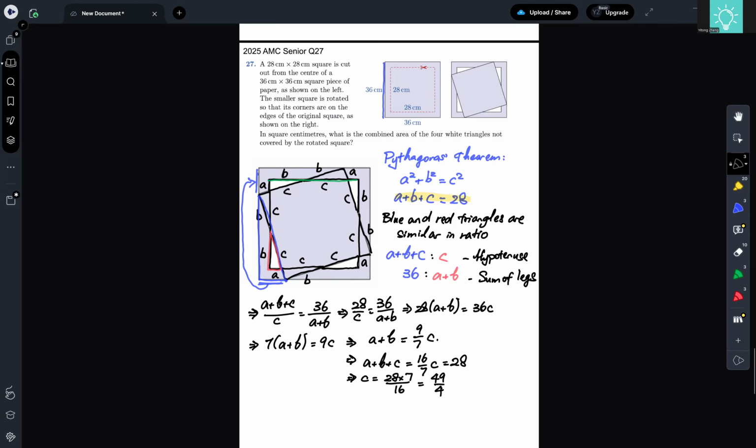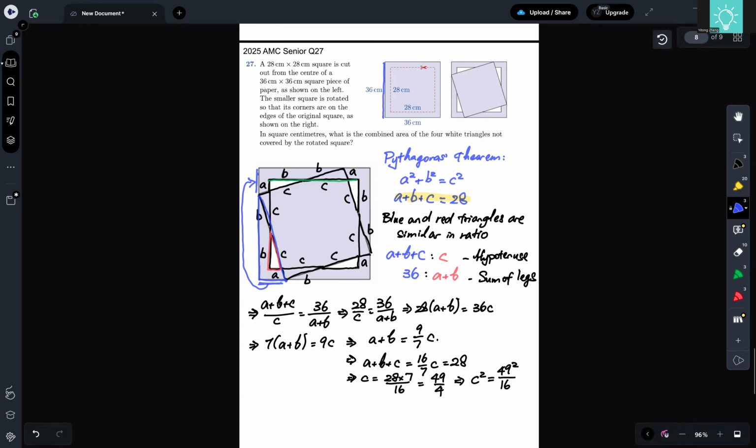Okay. Now, what do we have here? C is equal to 49 over 4. I can square that. So C squared is equal to 49 squared over 16. I don't work out 49 squared because it's too big.